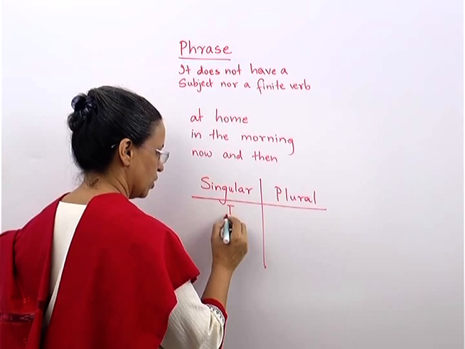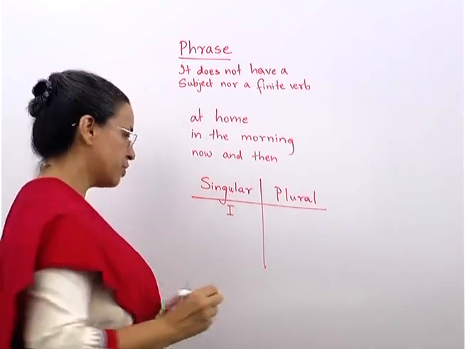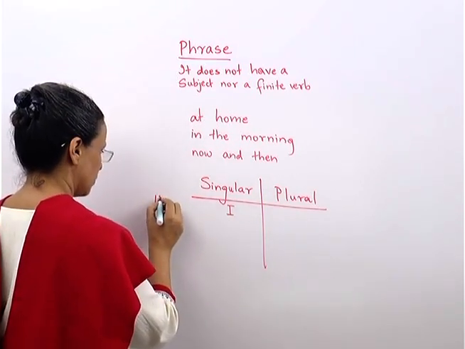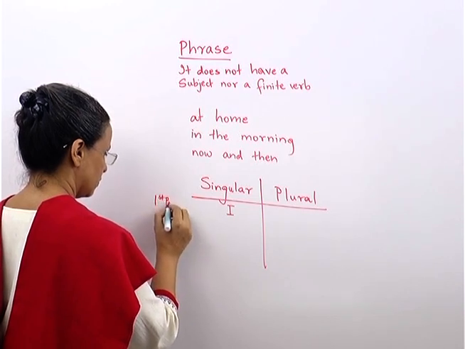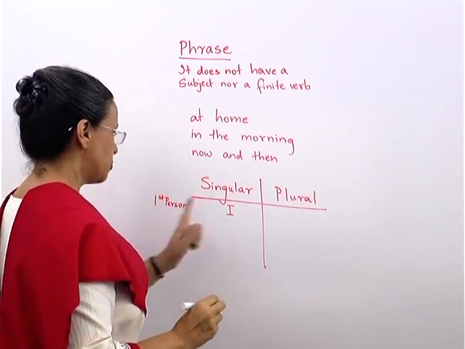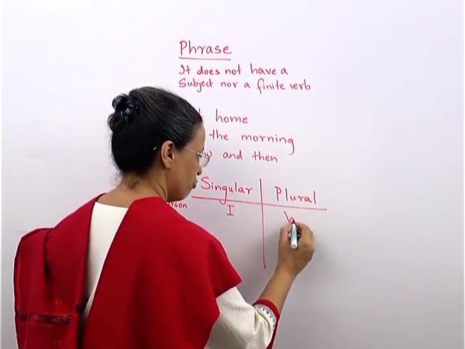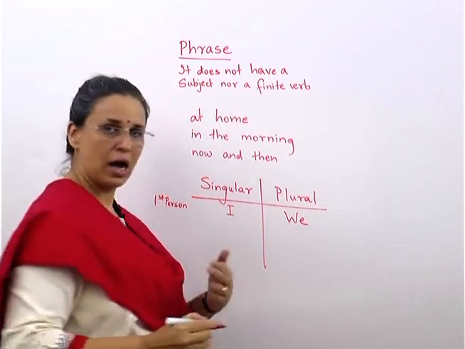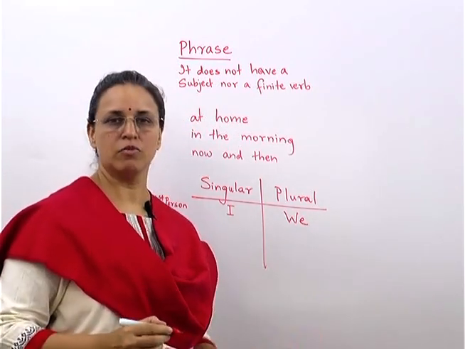I is singular, correct? First person singular, and first person plural will be we, because I plus somebody will become we.